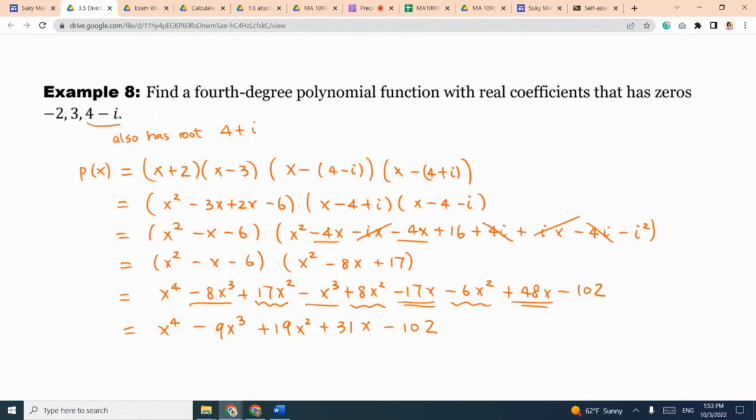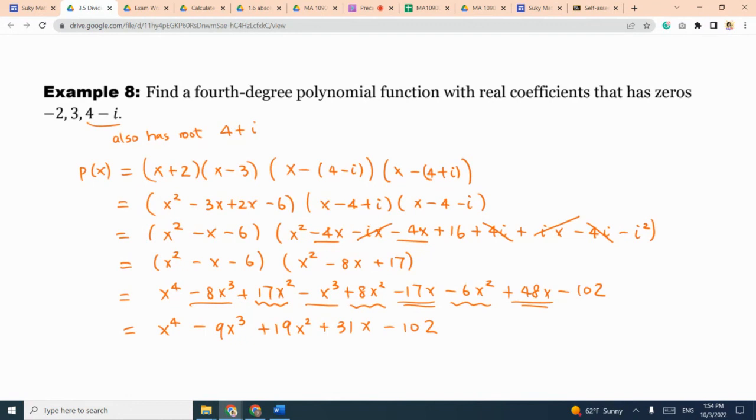Therefore, P of x is, see, -2 is a root, then the factor is x plus 2. 3 is a root, the factor is x minus 3. 4 minus i is a root, the factor is x minus parentheses 4 minus i. Yeah? And 4 plus i is a root, so x minus parentheses 4 plus i is a factor.